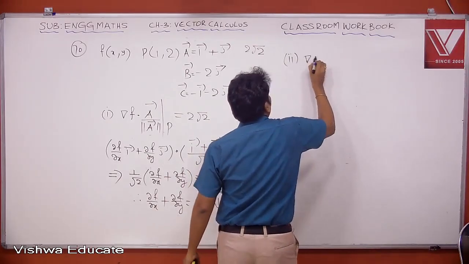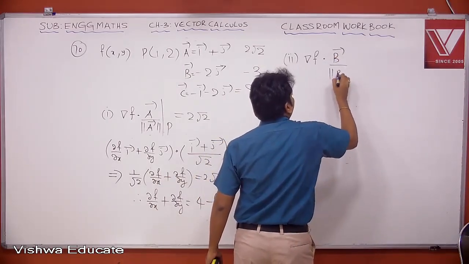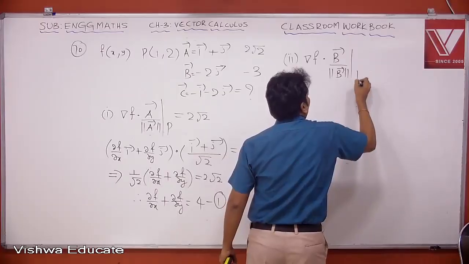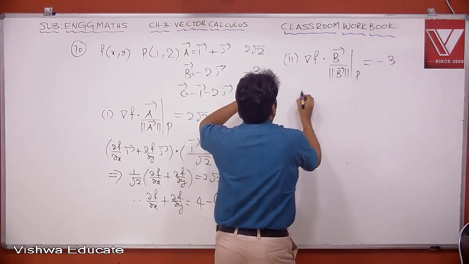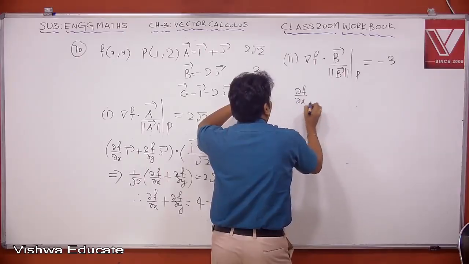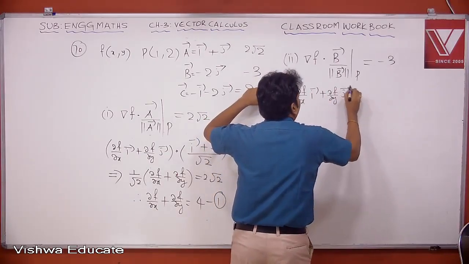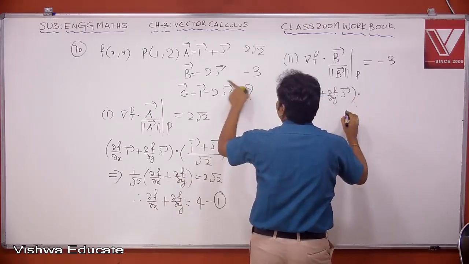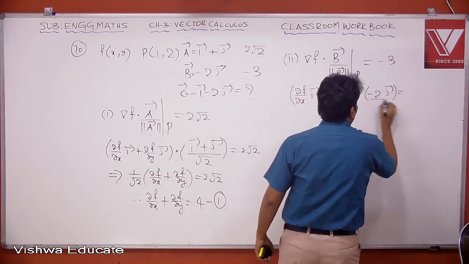Del f dot b bar by norm b bar at the point P equals minus 3. What is del f? Dou f by dou x i bar plus dou f by dou y j bar, dot product with b bar, which is minus 2 j bar, divided by its length.